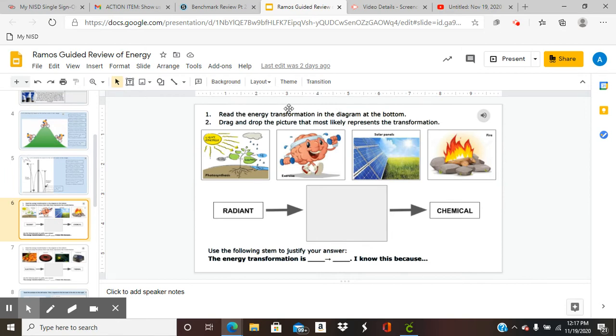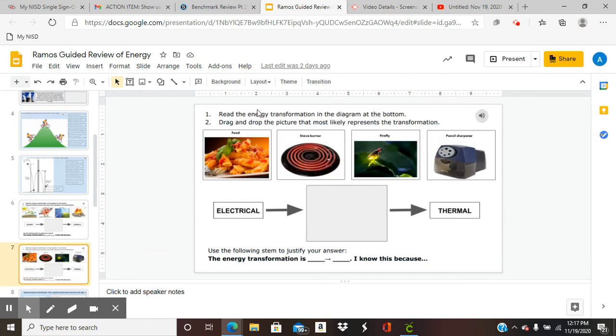Here, read the energy transformation of the diagram at the bottom. Drag and drop the picture that most likely represents the transformation. So you're going from radiant to the picture that you pick to chemical. Okay, so you would choose one of these pictures right here. Read the energy transformation in the diagram at the bottom.